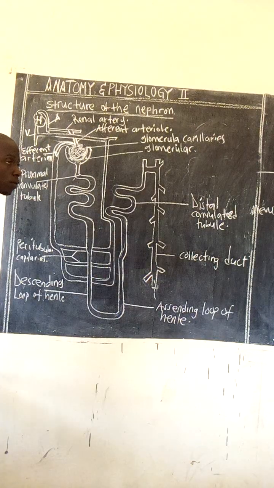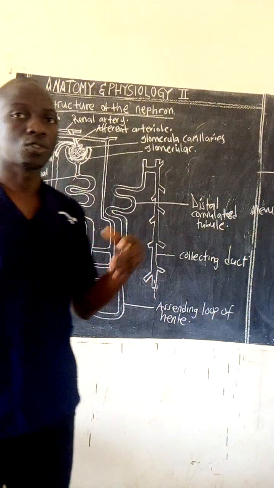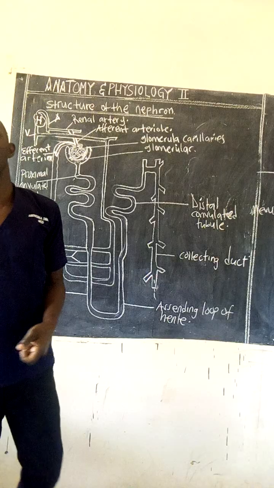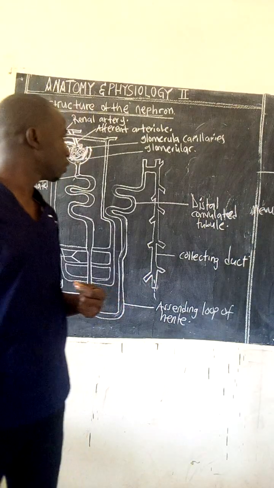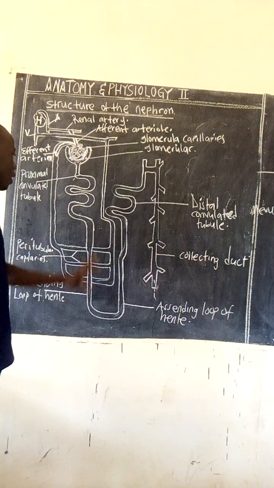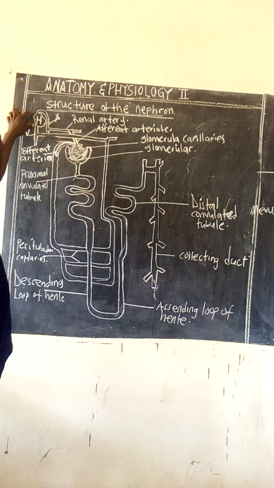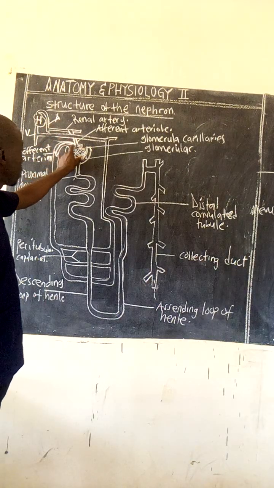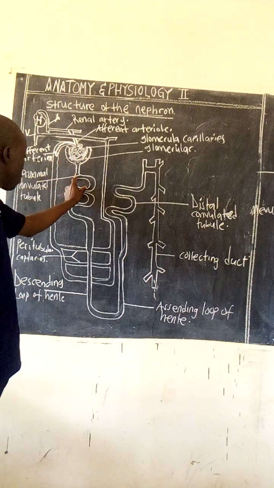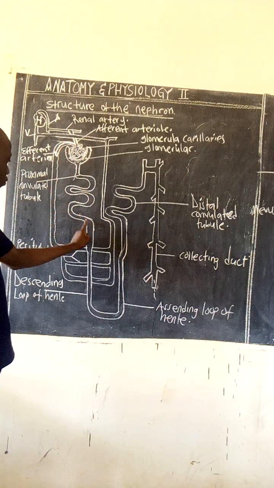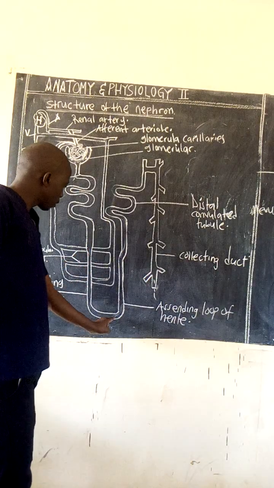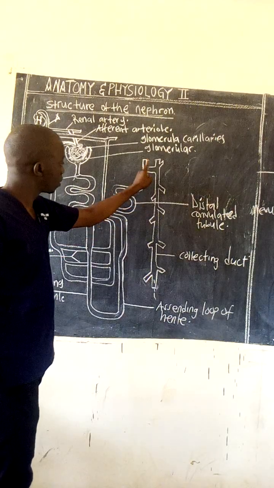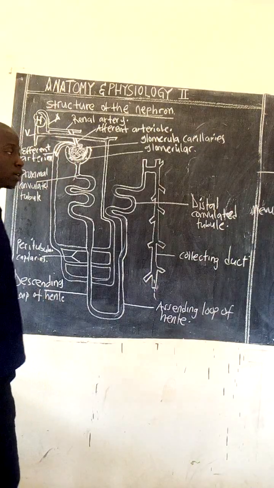So this is how fluids circulate within the kidneys and nephron in particular. This is the mechanism. From the heart, renal artery, afferent arteriole, glomerular capillaries, permeable substances to the proximal convoluted tubule, the descending loop of Henle, to the ascending loop of Henle, distal convoluted tubule, and collecting ducts, and they are passed out.